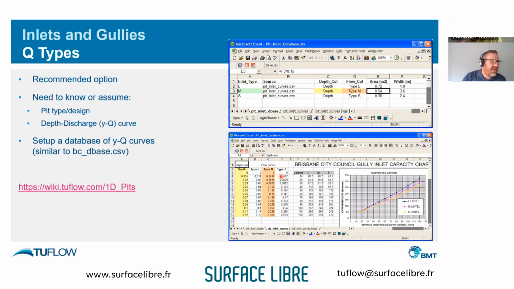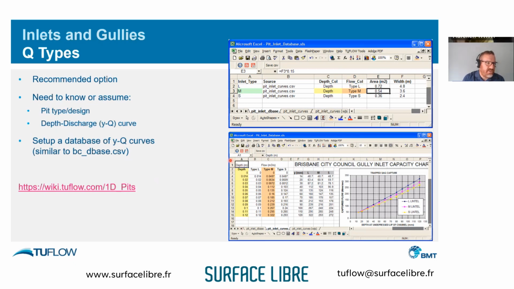And what we do is we set up a database within TUFLOW in a CSV file, usually called a pit inlet database. It's very similar to the boundary condition database that you might be used to. And we basically have a library of different inlet types. We have a source CSV file, and then we basically say which column gives us our depth, and which column gives us our flow.